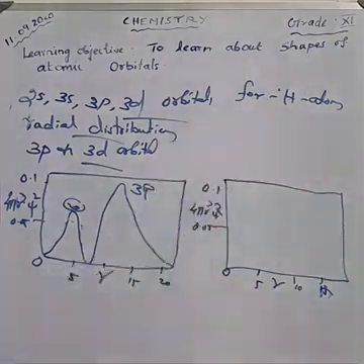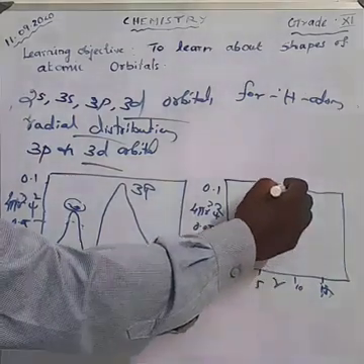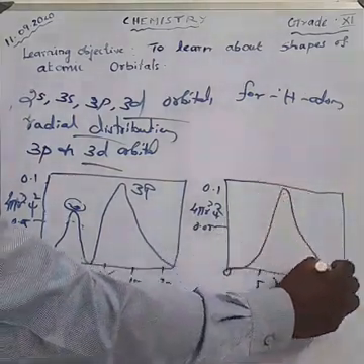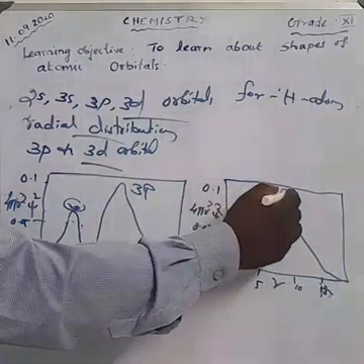Here the slope starts at 0, then only increases, then decreases and becomes a smaller value. This is about the 3d.